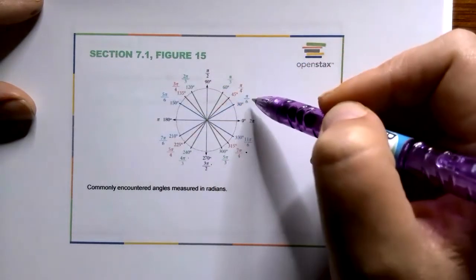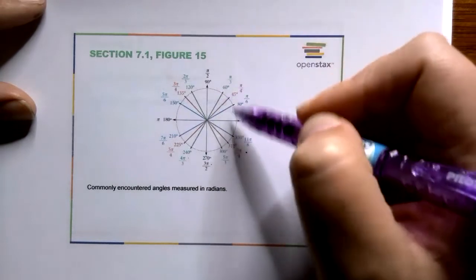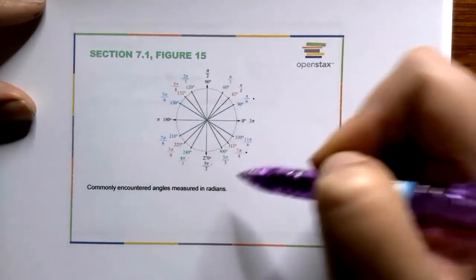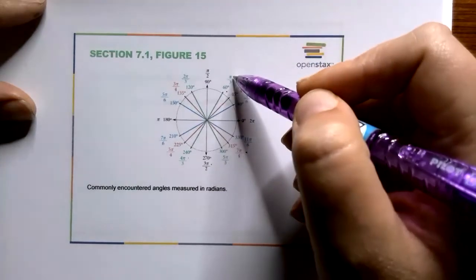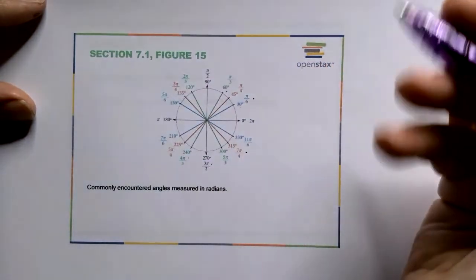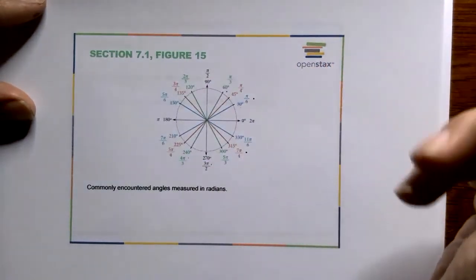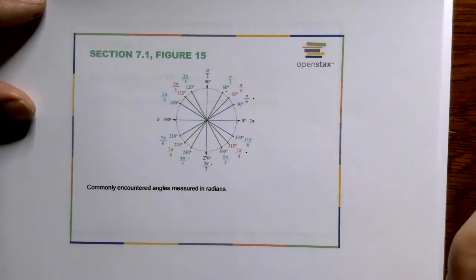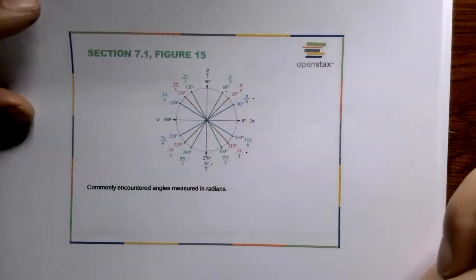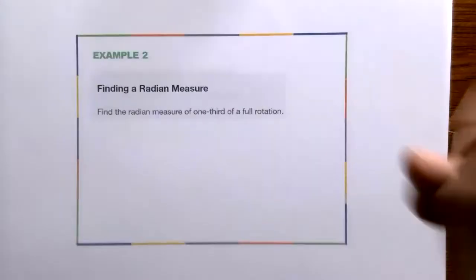And we have associations with all the other ones. So 30 degrees is pi over 6, 60 degrees is pi over 3, and all the rest of them have that association too. By the end of this course, you will remember all of these radian measures.